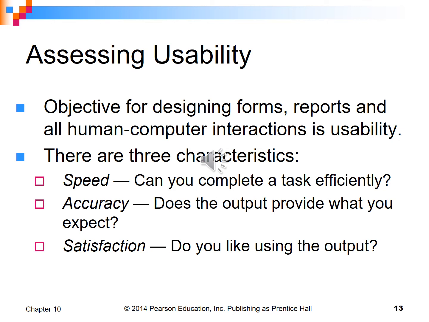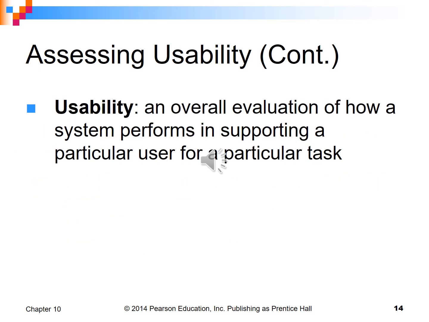That's really the objective, usability. There are 3 characteristics here: speed, can you complete the task efficiently; accuracy; and satisfaction, which is the subjective satisfaction we just talked about. Usability is an overall evaluation of how the system performs in supporting a particular user for a particular task.